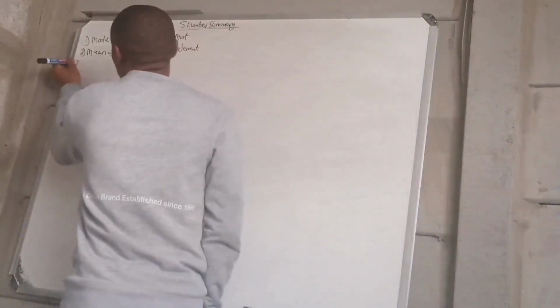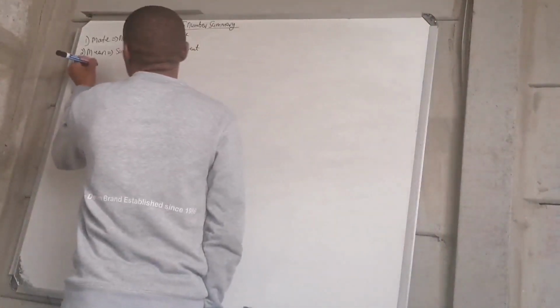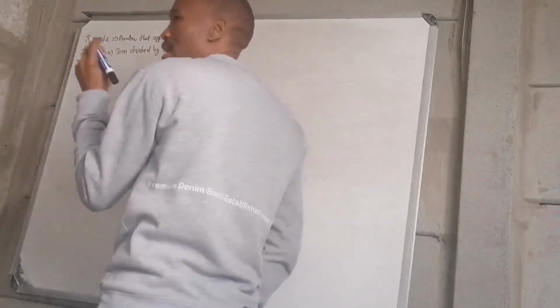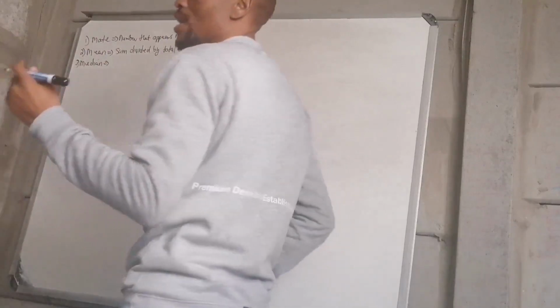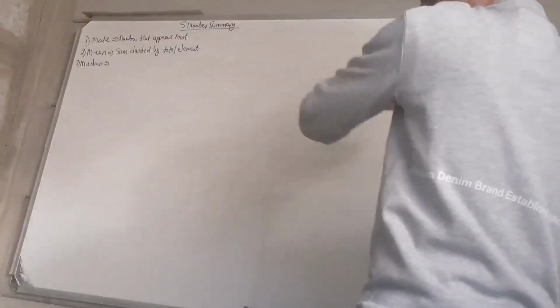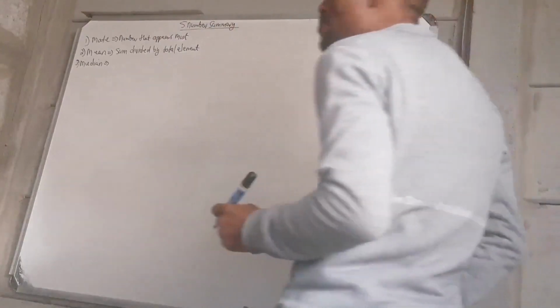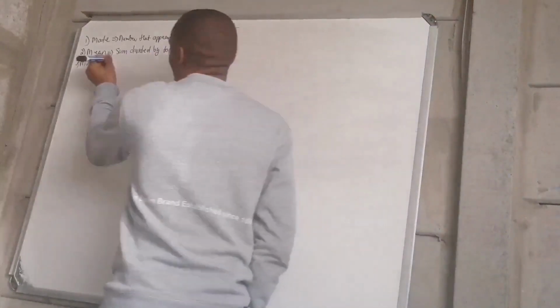And then we are going to look at the median. Median is the middle number. So you write down your data in order of increasing numbers. Then the number that is in between, we call that number the median, the middle number.